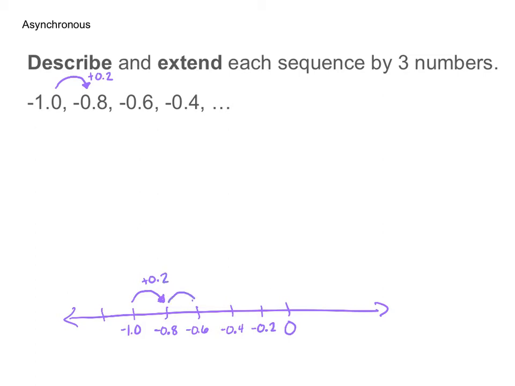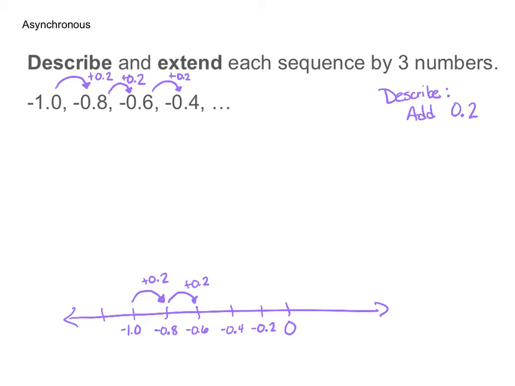And because we're going to the right, we're becoming more positive. So we add 0.2 here. So we're going to add 0.2 here. Same thing, add 0.2. Okay, so to describe, we're adding 0.2. Now we need to extend.